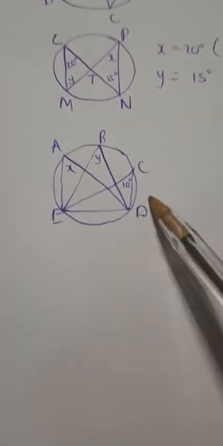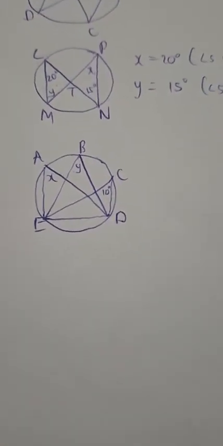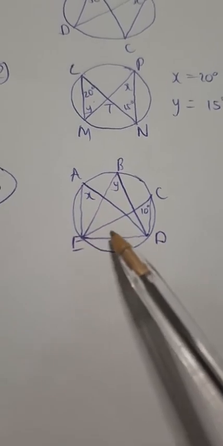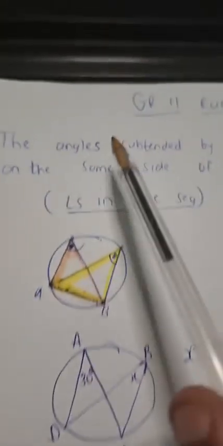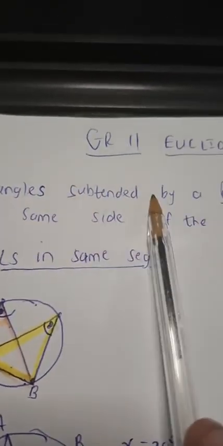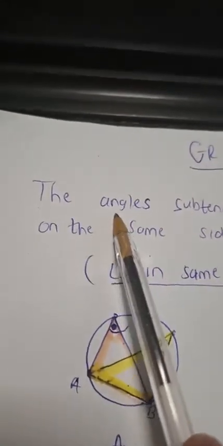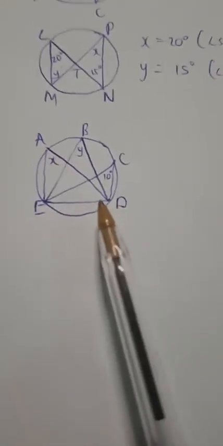So this is the diagram that we now have. We want to look at this diagram so that we don't miss out on the detail that's there, because we remember the theorem says the angles subtended by a chord, the angles meaning plural.